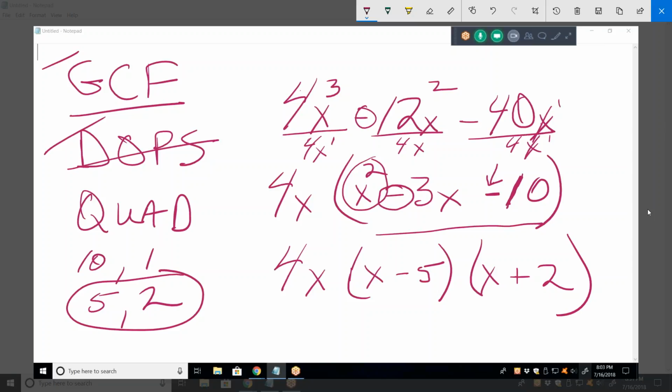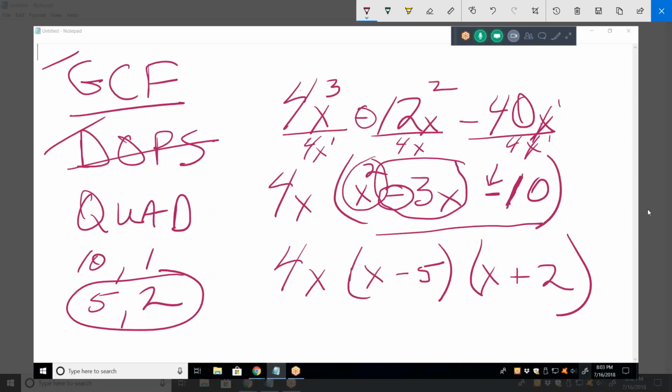But the fact of the matter is that I never get the first term or the last term wrong, because of the method that I used. I'm not splitting up x squared incorrectly. I'm not making a mistake there. And I'm not making a mistake on factors of 10. It's not that hard to factor a number. Where the mistake might be made is in this middle term right there.